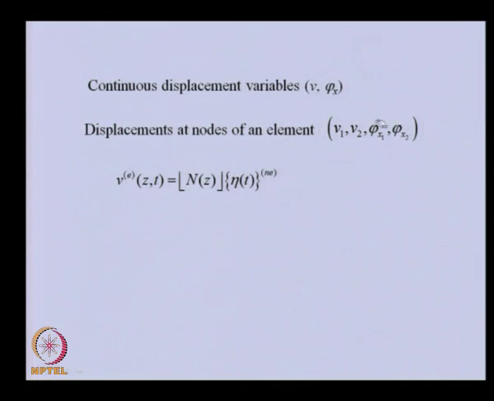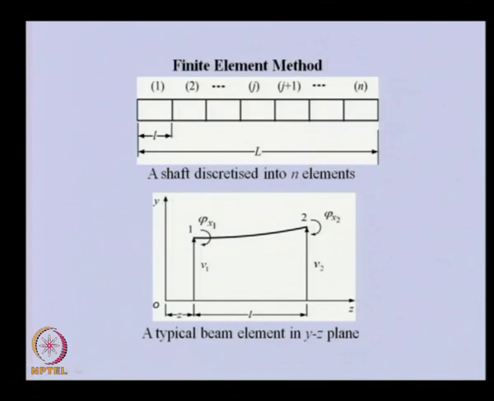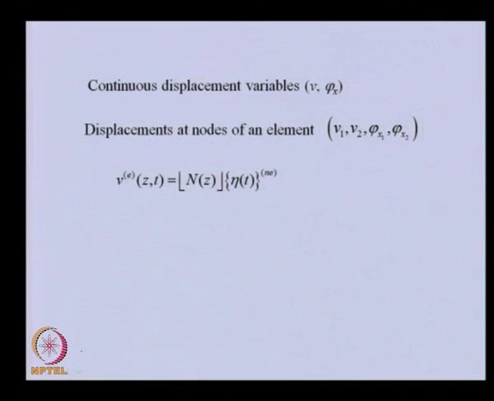Now in the finite element method we will be seeking the solution of these displacements, and if you want to know the displacement at positions other than the nodes, then we will be using an interpolation function or shape function to interpolate the values of the displacement in between. So, the displacement at any other location z, in the local coordinate system, can be expressed as the shape functions and the nodal coordinates.